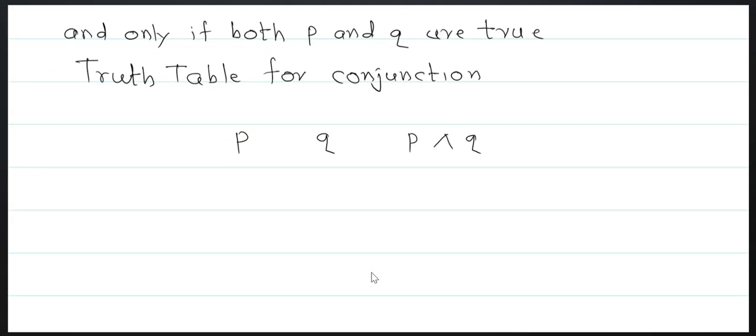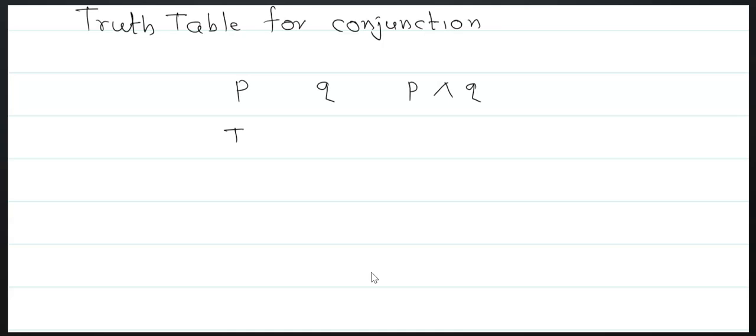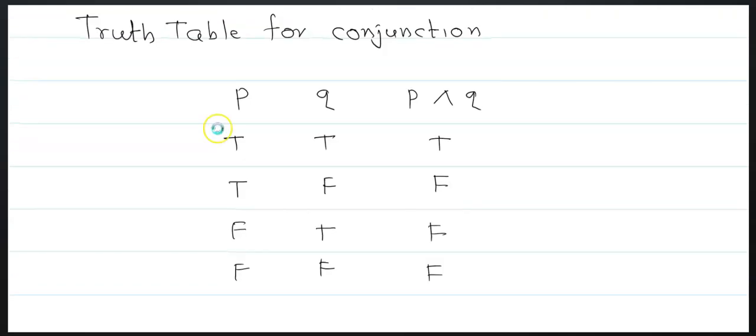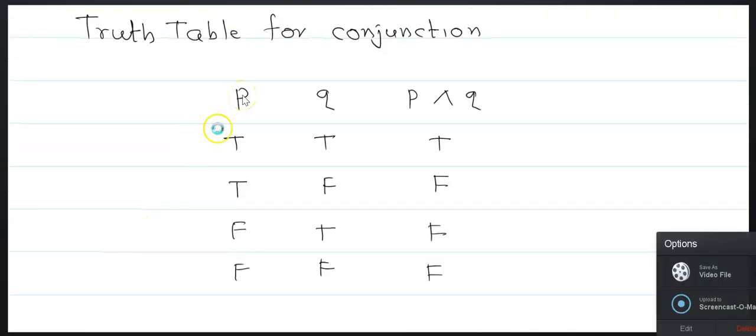How to remember this table? That's P, Q. Now the P column is always double T, double F, and Q is TF, TF. Okay, here it is. And now see this. When both of them are true, P is true, Q is true, then it is true. Otherwise false.